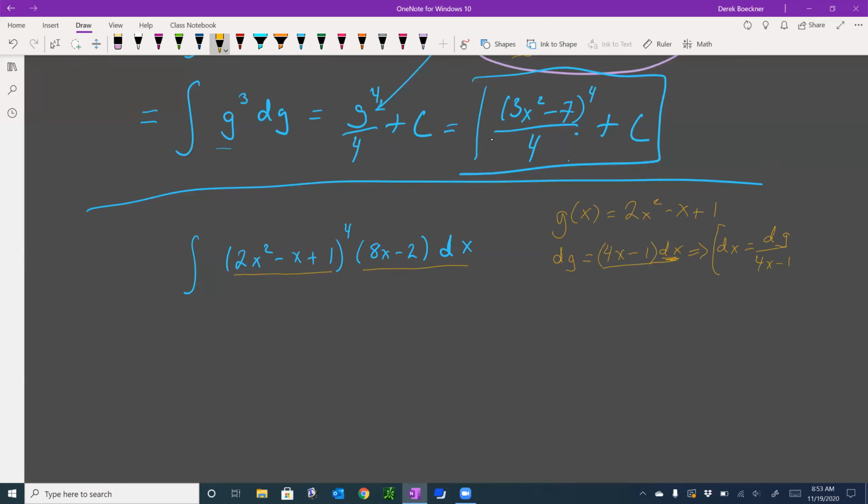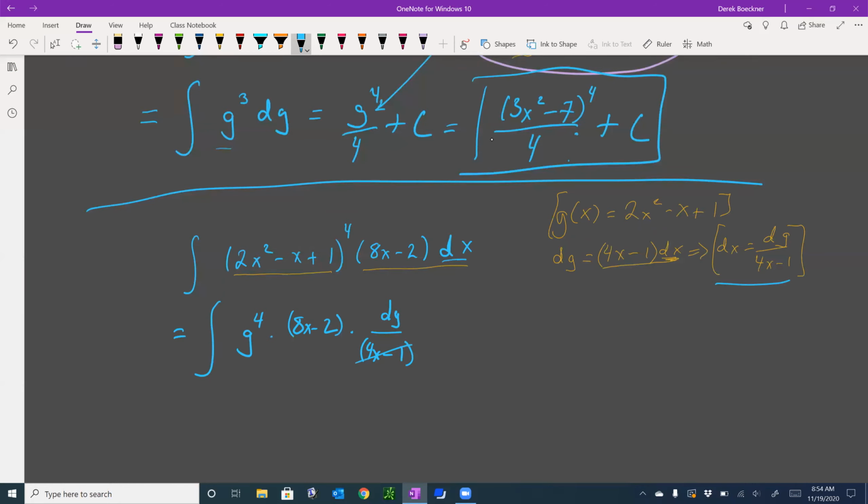And I will use that expression to substitute in. So this is going to equal the integral of g to the 4th times 8x minus 2 times dx, which we replace with dg over 4x minus 1.